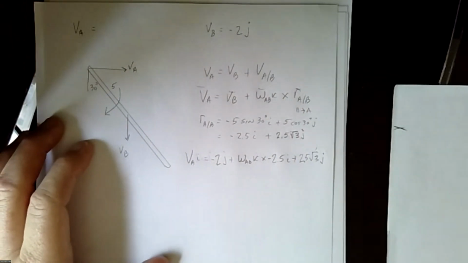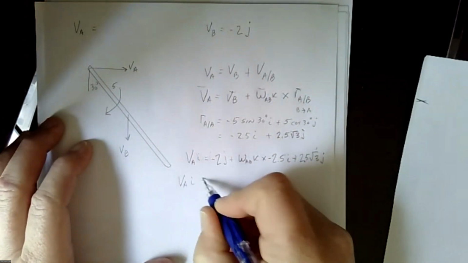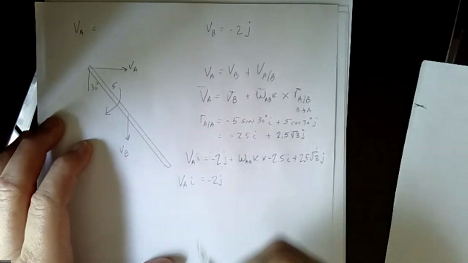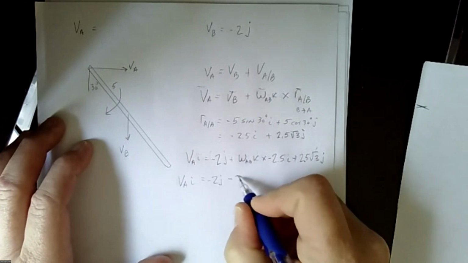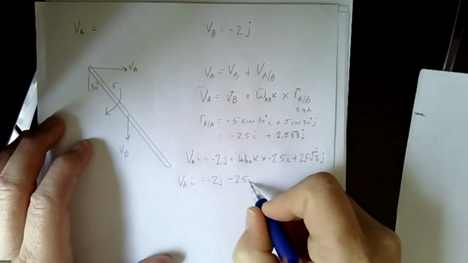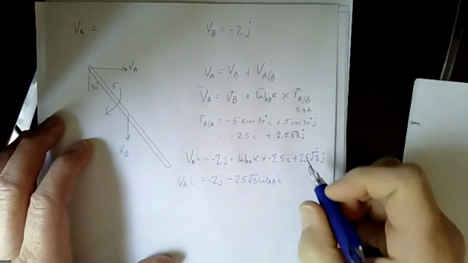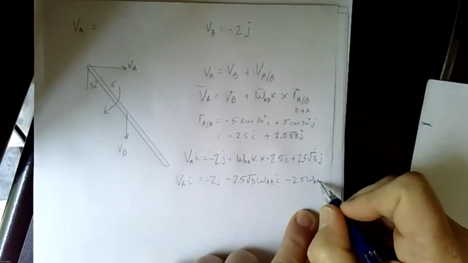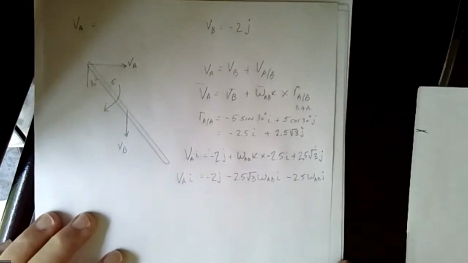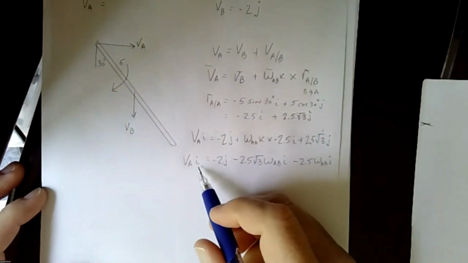So if we go ahead and do our cross product, we end up with VA I equals negative 2J, and then we get a negative 2.5 root 3 omega AB in the I direction minus 2.5 omega AB in the J direction. Now, notice that there's no VA in the Y direction.